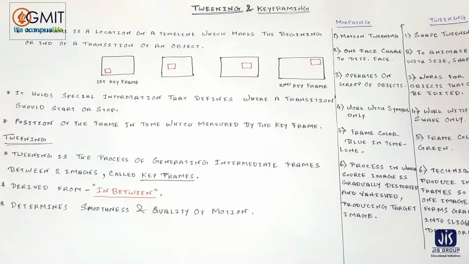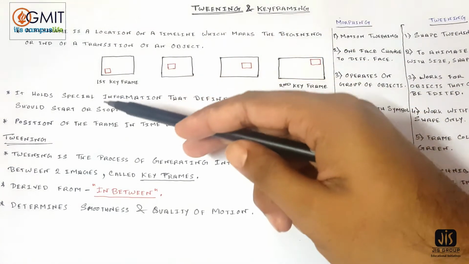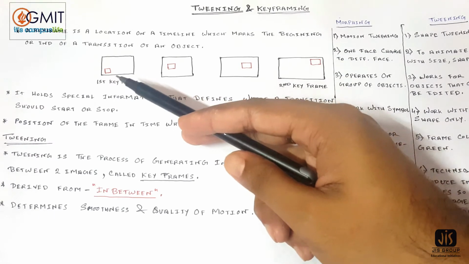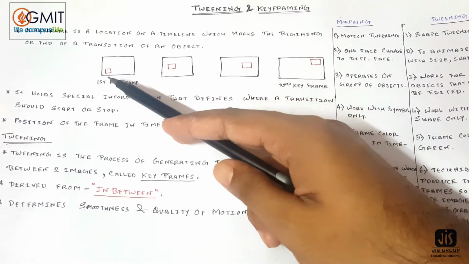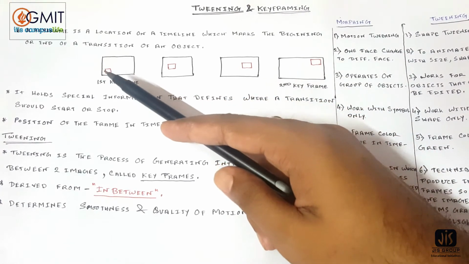Keyframe is important because the keyframe contains the necessary information about where a transition should begin and where it should stop. In this frame, there is necessary information: where should it start, where is the box, this is the position of the box, this is important.